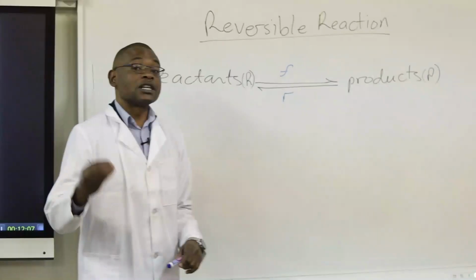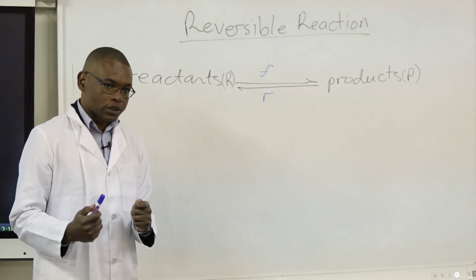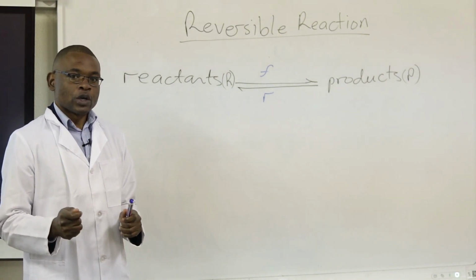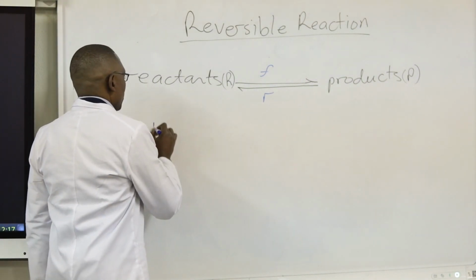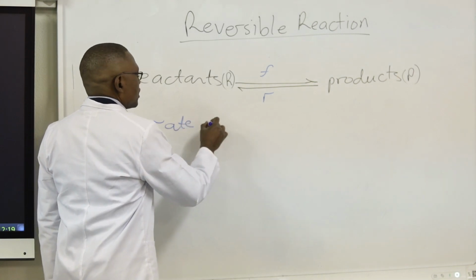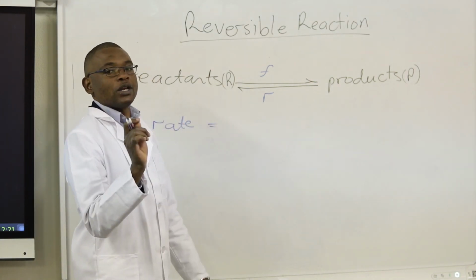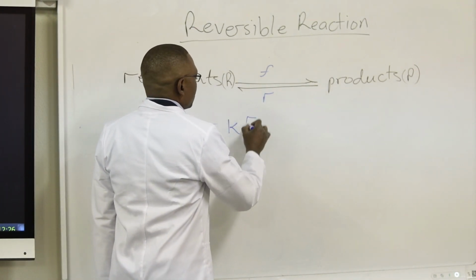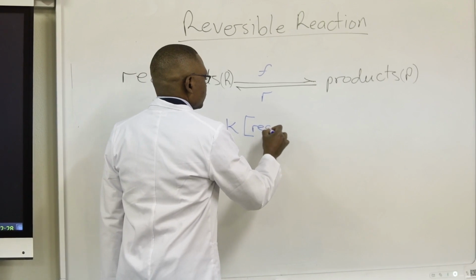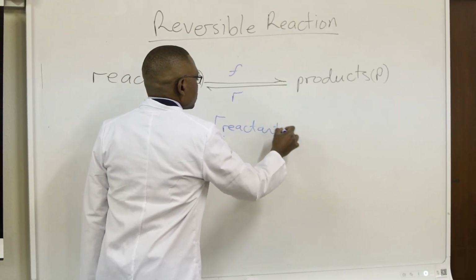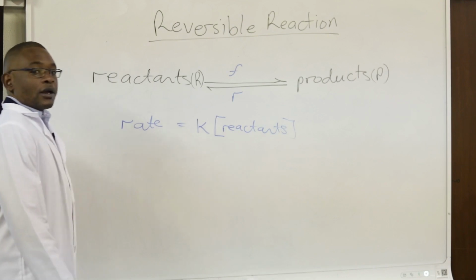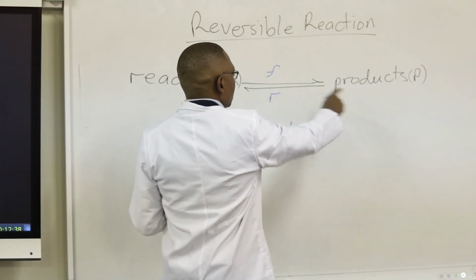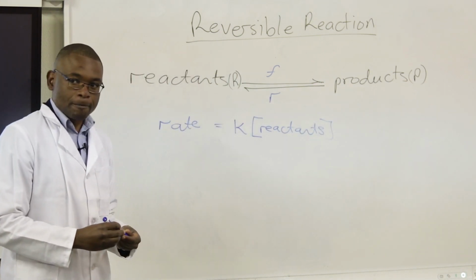But before I proceed there, let me take you back to this representation here, where we are saying that in grade 11, you were taught how to represent what is called the rate law, where we say rate is equal to the reaction constant k times reactants. So let's say this is for the reaction going forward.